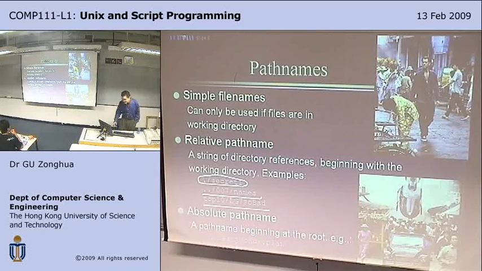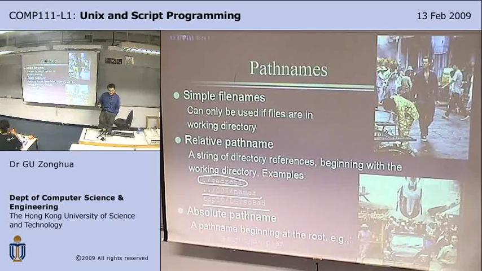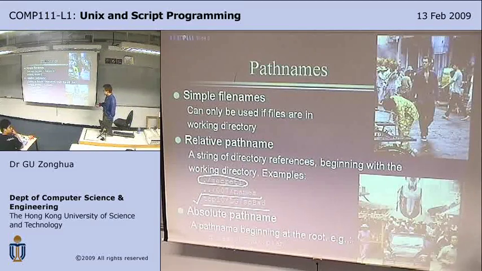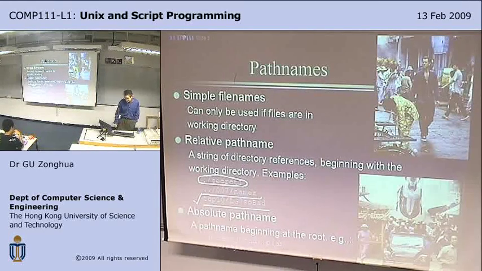Here, top10 is a folder within the current directory, so this is equivalent to dot slash top10. So always remember, you can omit the dot slash in front of the file name because you are in the current working directory.